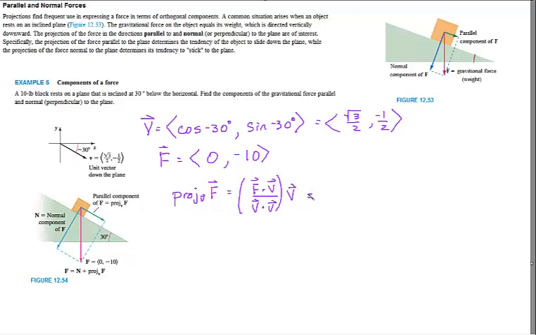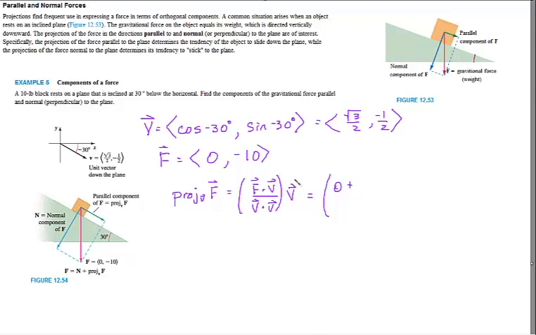So the dot product of F and V, how I do that is I'll multiply those values in the same direction. So it's going to be 0 times the square root of 3 over 2, so I'm just going to write a plus 0 there.